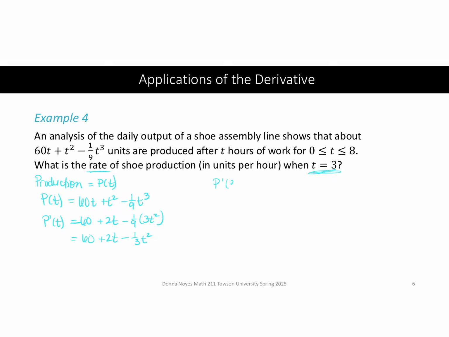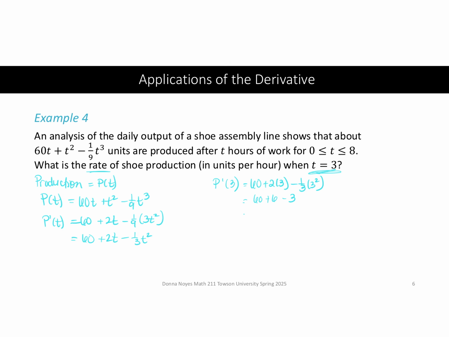So P prime of 3 then tells us that we have 60 plus 2 times 3 minus 1/3 times 3 squared, or 60 plus 6 minus 1/3 times 9, which is 3. So we end up with 60 plus 6 and minus 3.